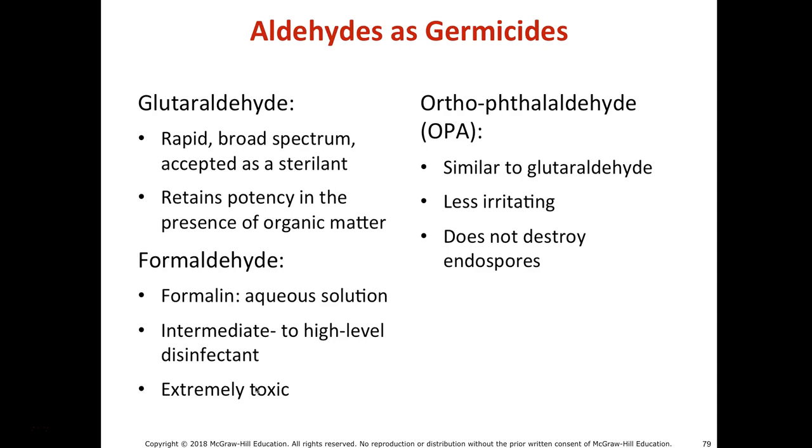Now, formaldehyde is going to be a gas. It's sharp and irritating, but usually what we do is put it in an aqueous solution, and we call that formalin. That formalin is usually right around a 37% solution of the formaldehyde gas. What it does is attach to nucleic acids, so DNA, and also to functional groups of the amino acids.